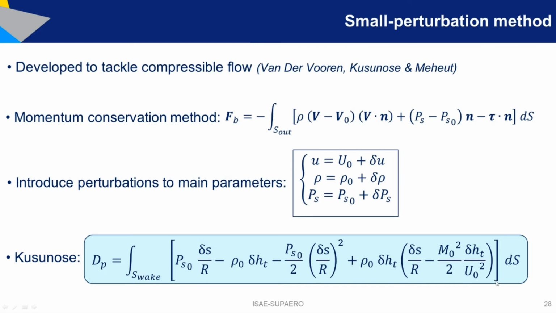This is mathematically more complex. It's more difficult to give a physical interpretation to all these terms. We'll understand that better afterwards. For example, here we can see that there is entropy. We'll realize later on, when we talk about the exergy method, that this is the energy, and this is related to the total pressure deficit.